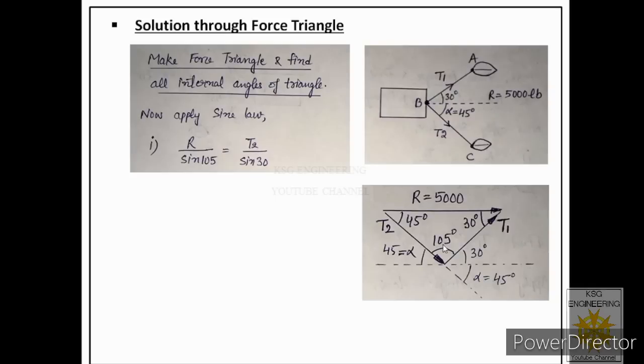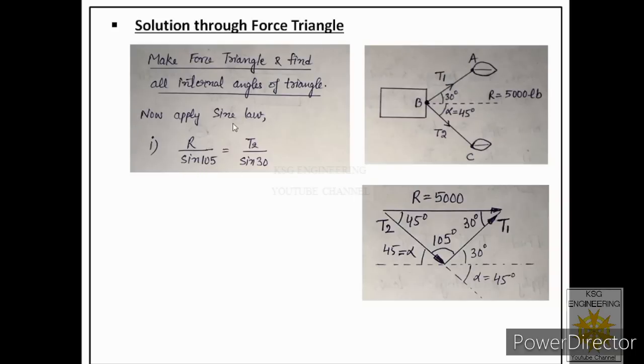Why we have taken 105? Because we have to consider that angle which is in between the other two forces. So for R, other two forces are T1 and T2. So between these two forces, we have found angle of 105 degrees. So that is why we have written R divided by sine 105.